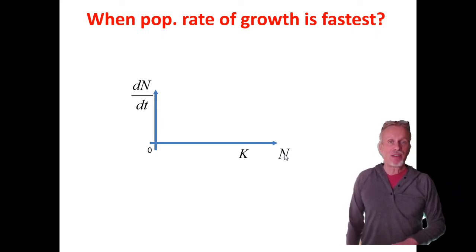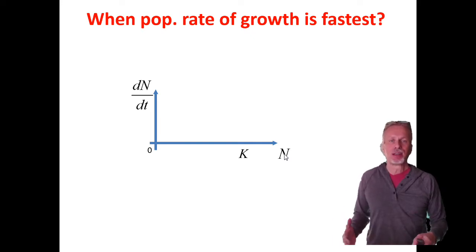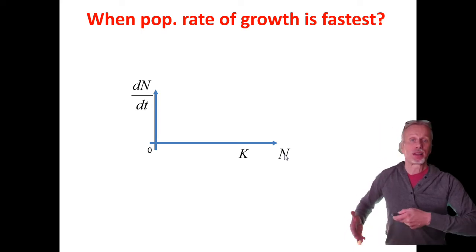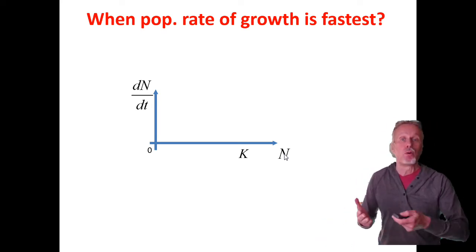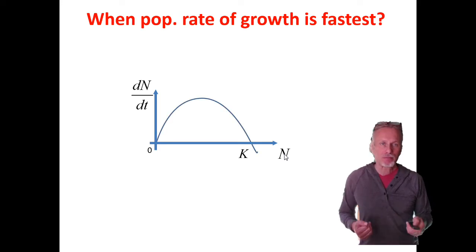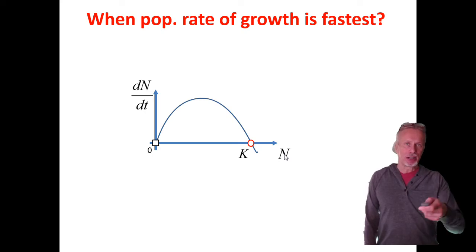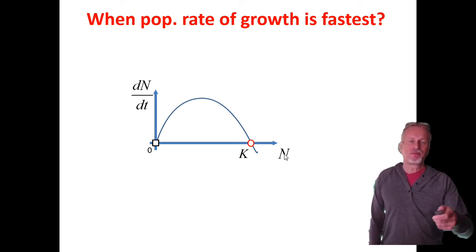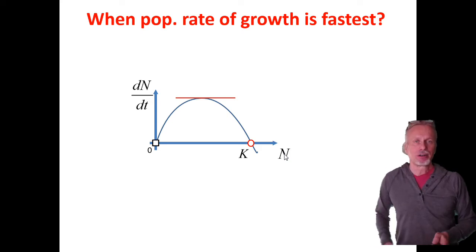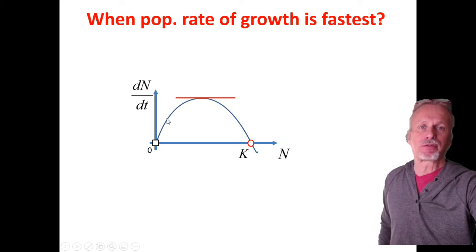A classic question in ecology, as well as in fishery management, is when the population rate of growth is going to be fastest. For what value of population density will our population grow by adding the most individuals or the most biomass, depending upon how we describe the individual? So, we have already drawn the graph representing the population growth rate, and clearly the distance from the horizontal axis represents the rate of growth of the population.